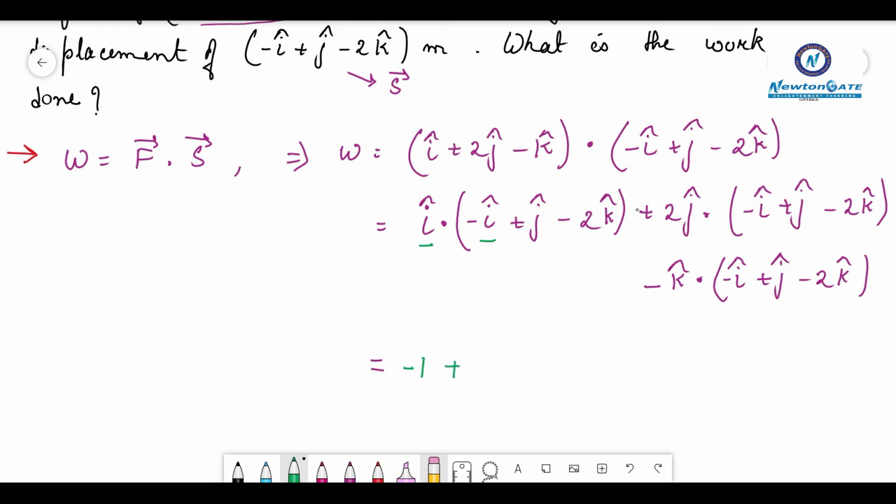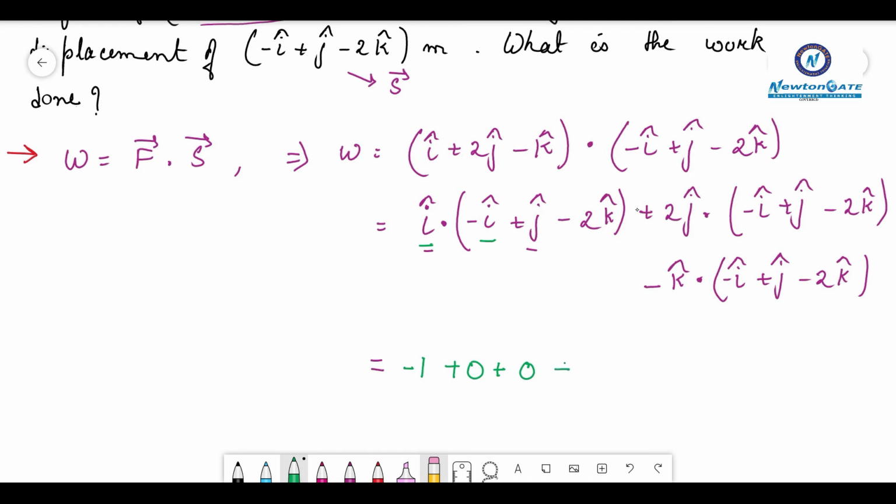Now plus i dot j. The angle in between is 90 degrees, so it will give me a value 0. Plus again i dot 2k. So i dot k gives me a value 0.